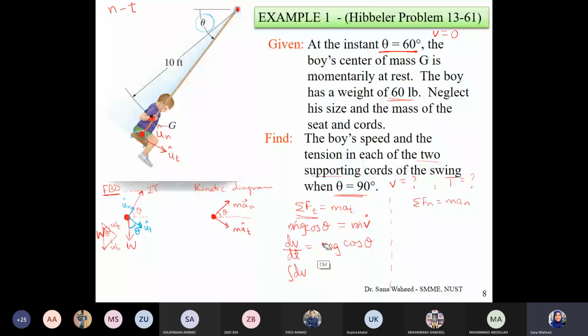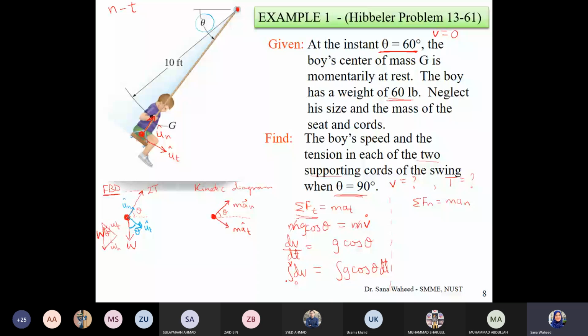Now if I try to integrate it, there's just one small issue that I end up with, which is कि okay, left hand side तो integrate हो गई with velocity 0 से लेके फिर v तक जा रही है. It's just dv की integration है, so this is v.